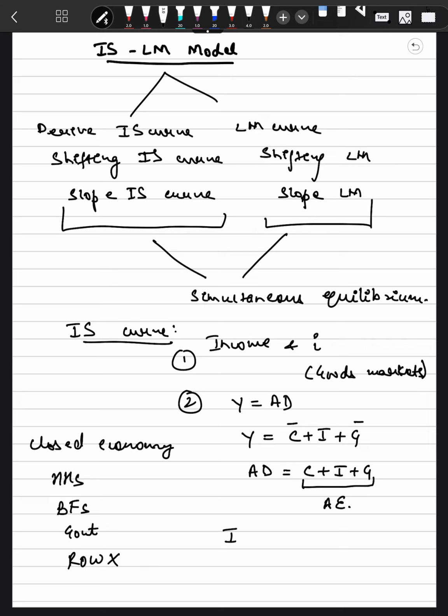Now this investment is equal to I bar, where this bar represents that this is an autonomous variable, minus small b i. So this is autonomous investment and this is induced investment. Induced basically means the impact that is happening due to the change in interest rate. So this small b measures responsiveness in investment due to change in interest rate. Okay, now let us solve this equilibrium.